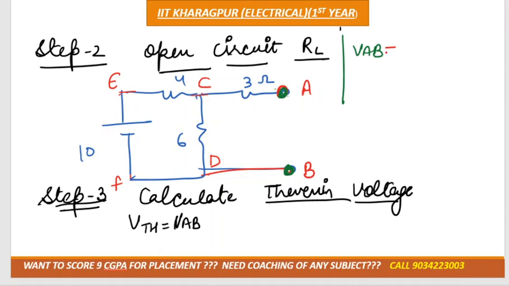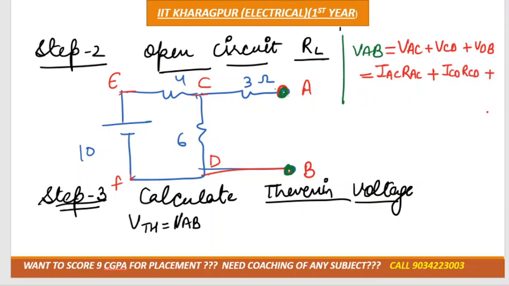Okay, so VAB we can simply write as VAC plus VCD plus VDB, right? VAC according to Ohm's law is IAC into RAC. VCD is ICD into RCD. VDB is IDB into RDB. Now, can you tell me how much current is flowing in AC and DB?